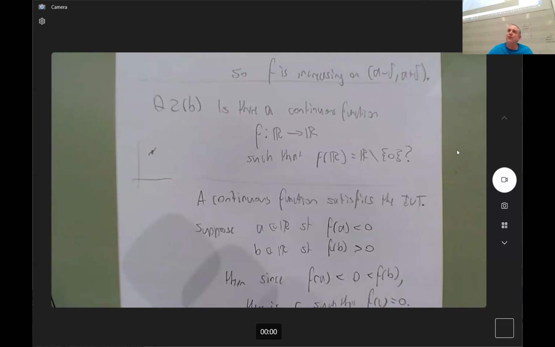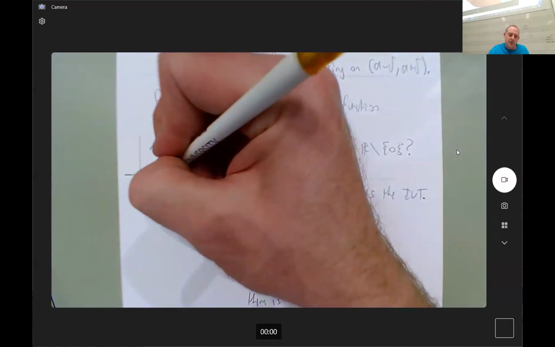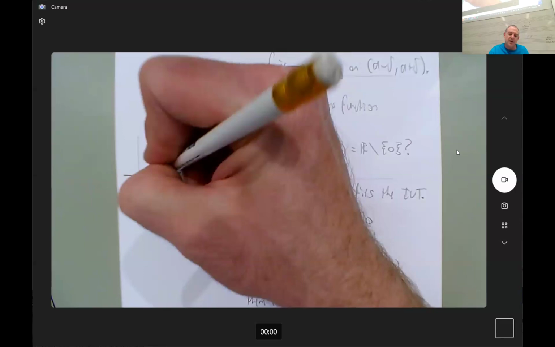So if the range didn't include 0 and it was continuous, then if you were positive, you could only be positive. If it doesn't include 0, it can't cross this line.